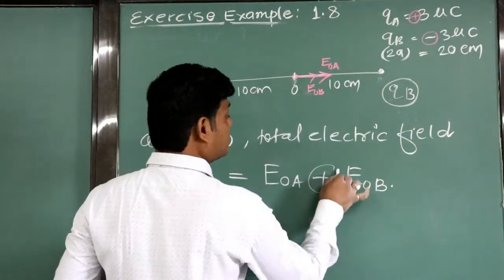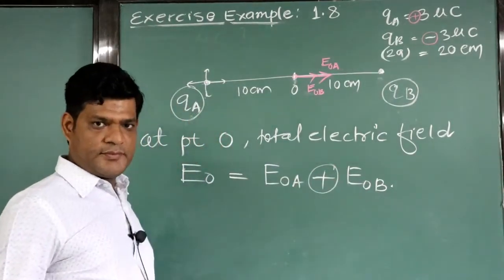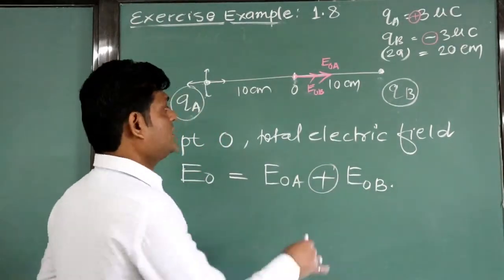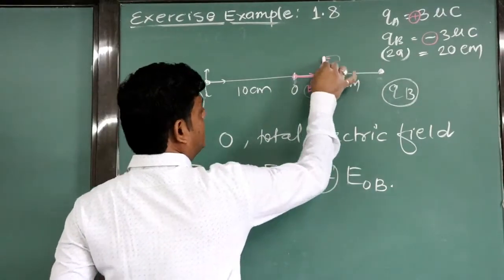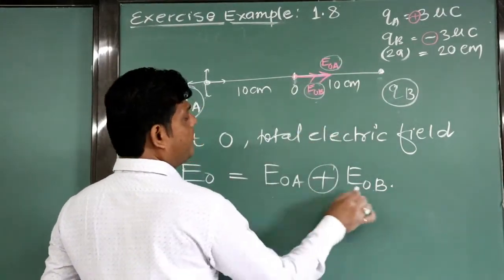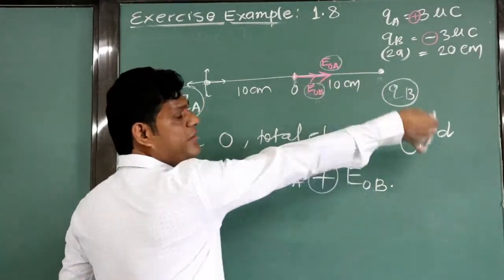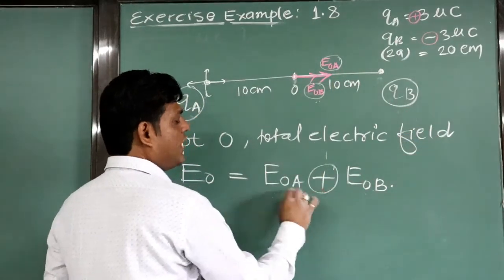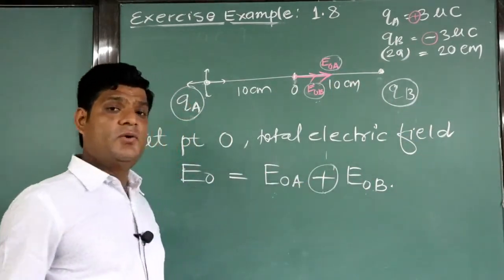Why are we adding? This is the question. Because the directions of electric fields EOA and EOB are the same, that's why we are going to add EOA and EOB.